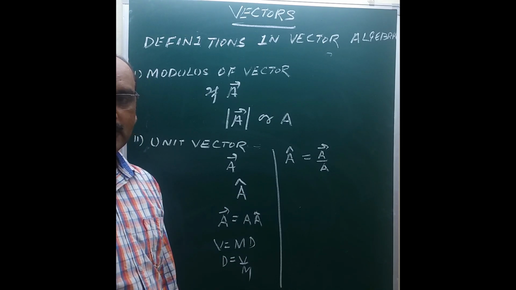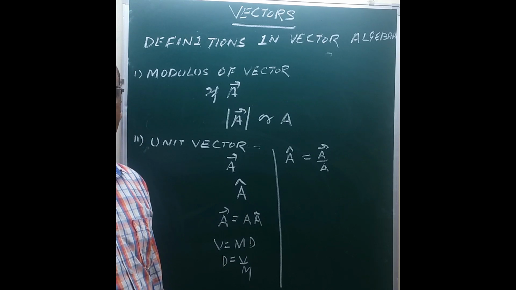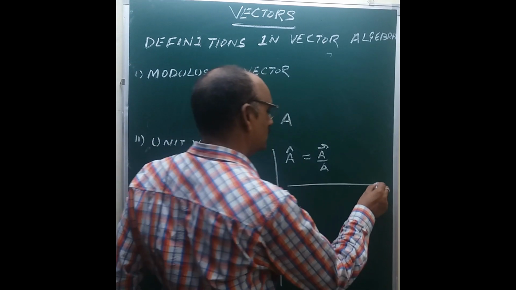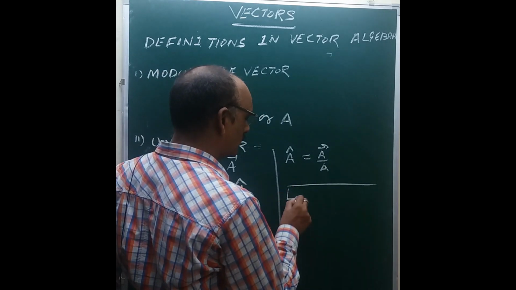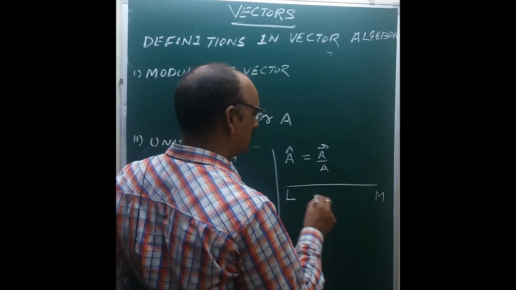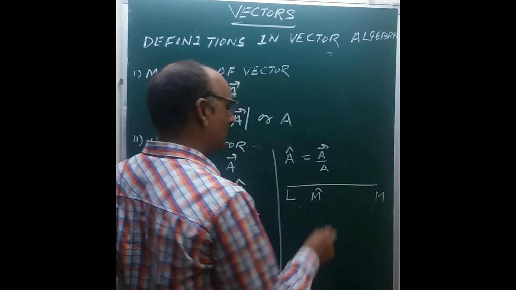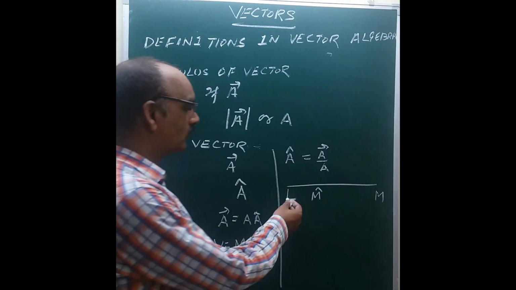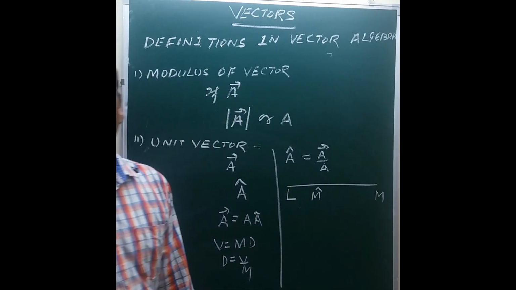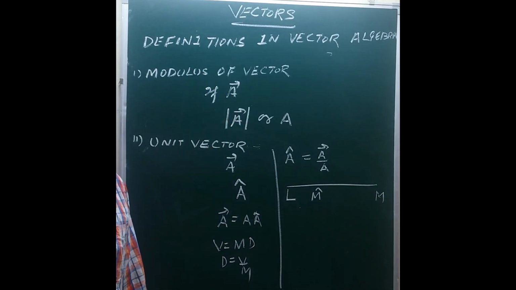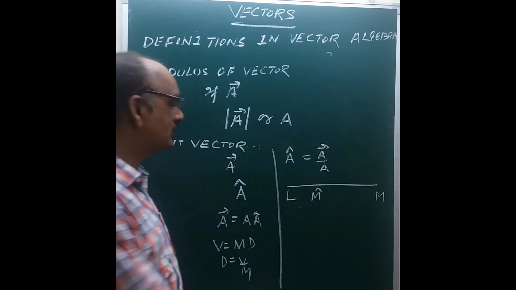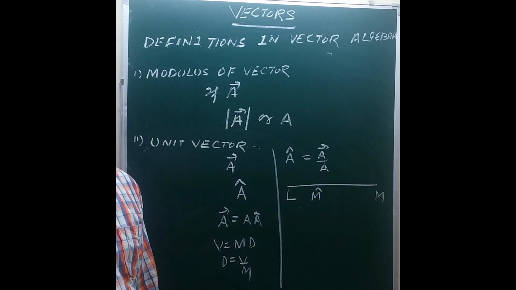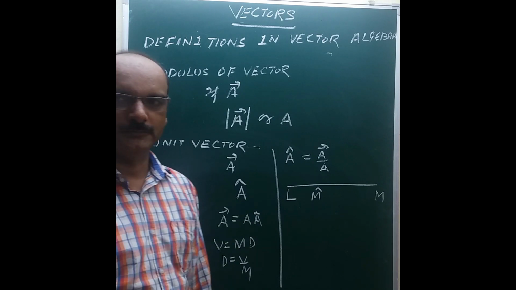It does not give the magnitude of any vector quantity. If this is Lucknow and this is Mumbai, and M cap is giving the direction from Lucknow to Mumbai, then M cap will not give the magnitude or distance between Lucknow and Mumbai. It will only give the direction from Lucknow to Mumbai.